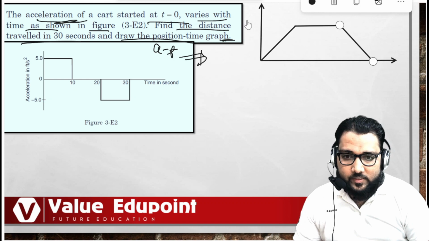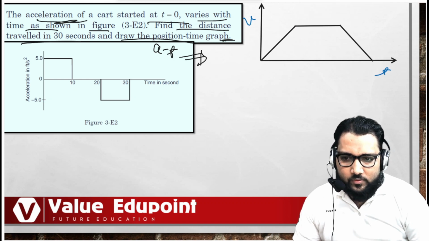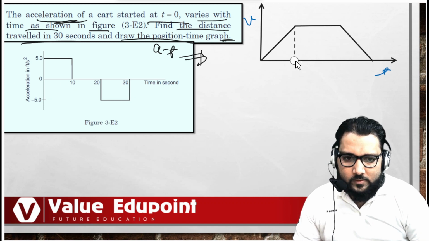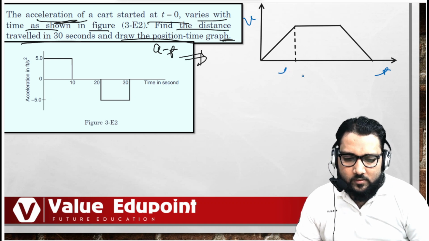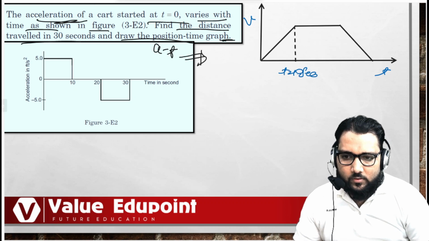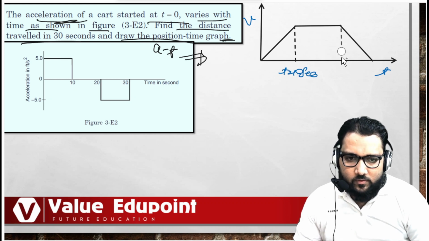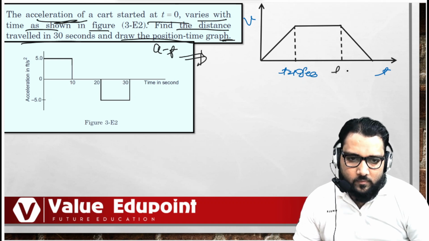So this is the VT curve for different time intervals. This is the time interval t equals 10 second. And this is the time interval for t equals 20 second. And this point is t equals 30 second.